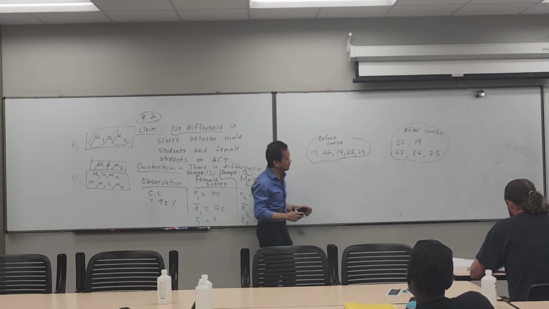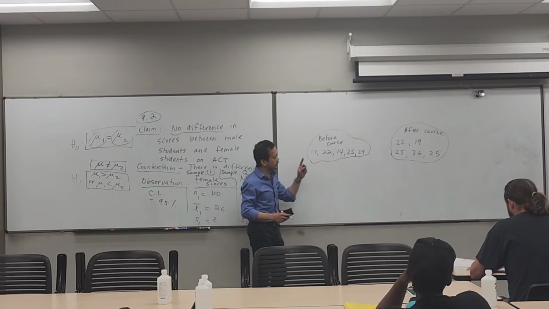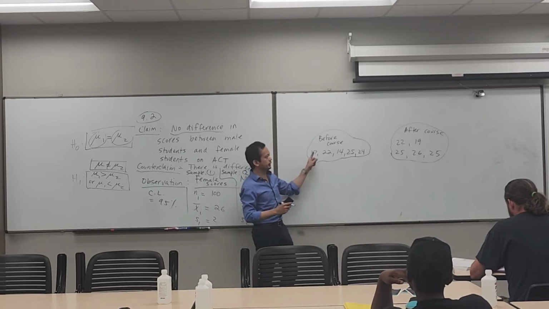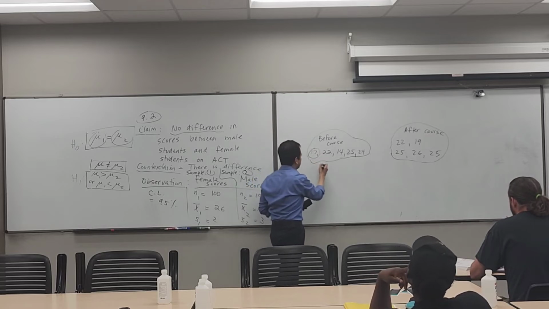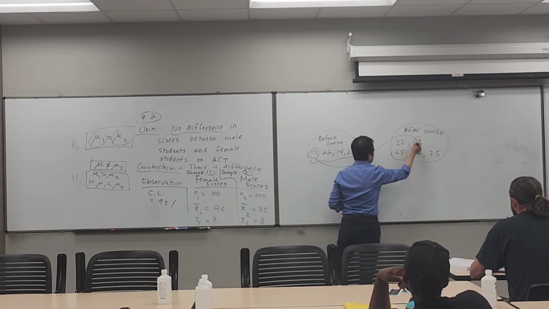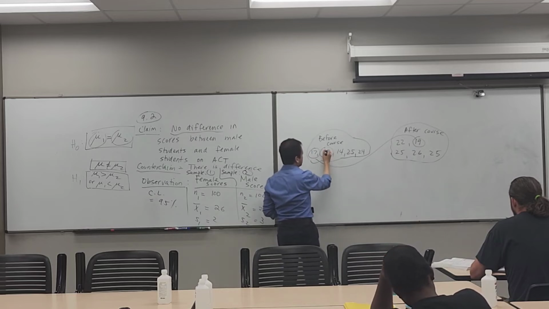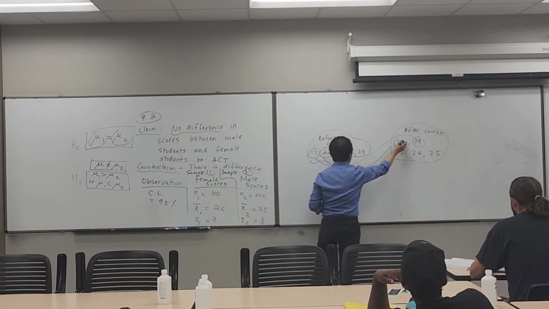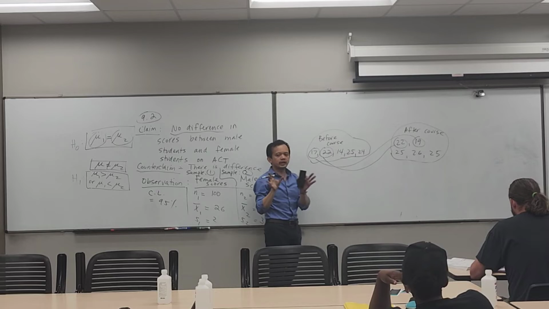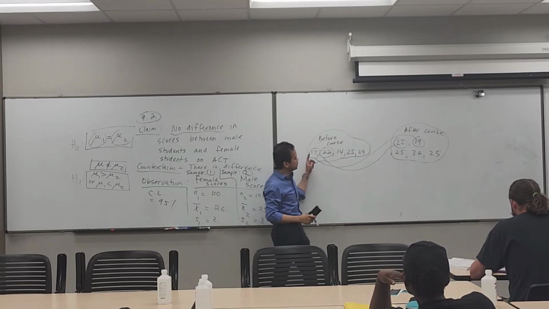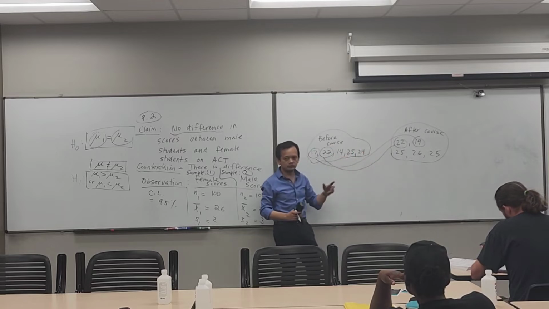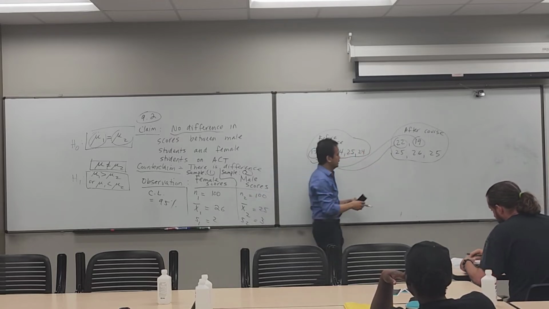because if you were somehow able to compare each student individually before they take the course versus after, if you knew this score was actually associated with this score over here, and you knew that this score was associated with this score, and so forth, if you didn't just look at the collectives of both groups, but you looked at the individual scores before and after, you looked at what we call the matched pairs.